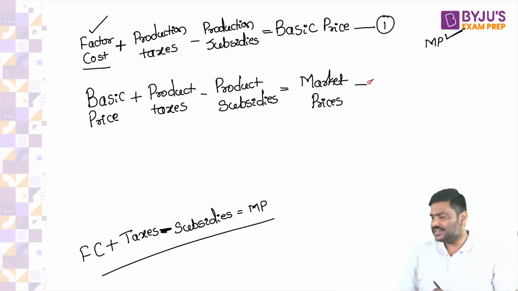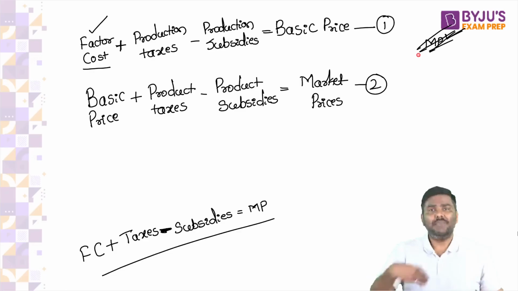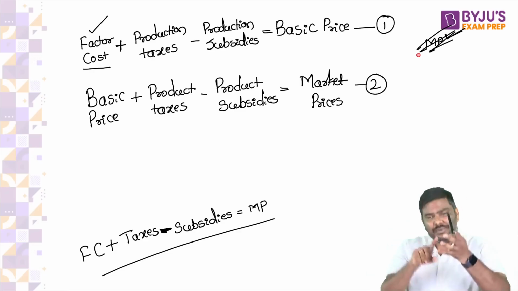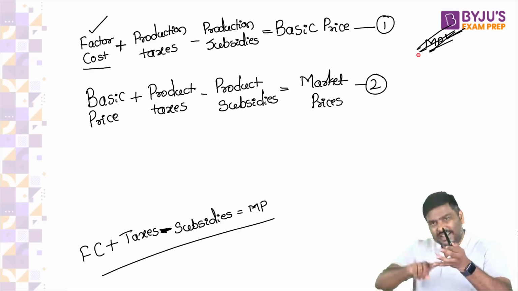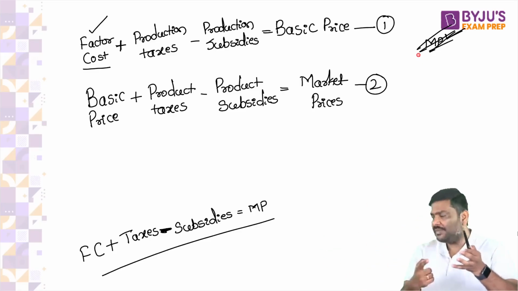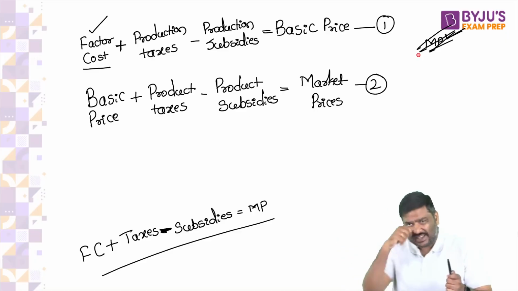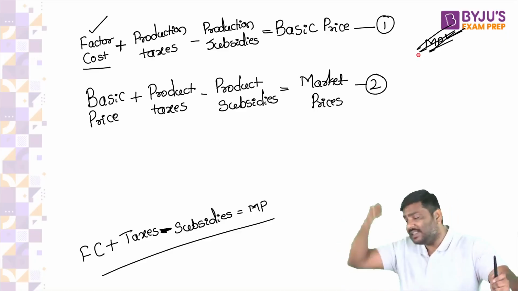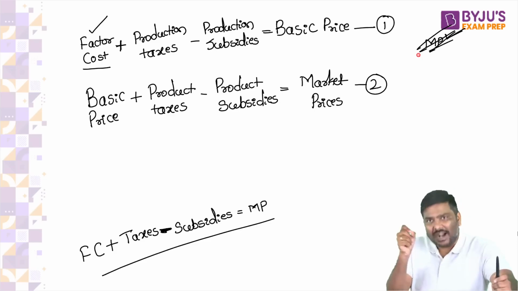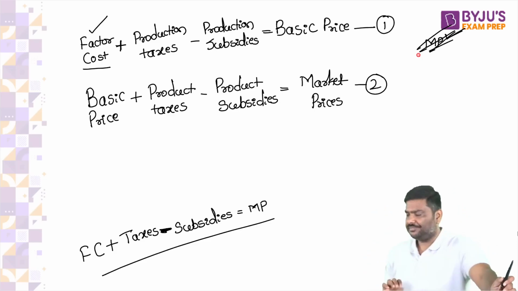Now, please understand what is the basic price. These are the two formulas. What is the basic price? Let me explain. Basic price is the price that is receivable by the manufacturer after adjusting for product taxes and product subsidies.